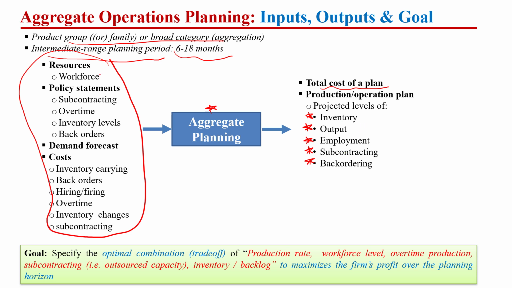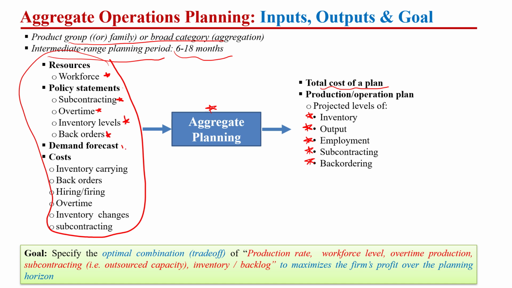The input is that we should know the current workforce level. We should have the policy statements on whether our management wants subcontracting or outsourcing, and whether our management is allowing overtime production or not. What is the minimum or maximum inventory level you want to keep in every time period, and whether back orders are allowed or not.